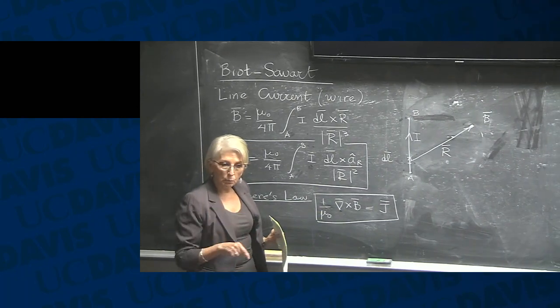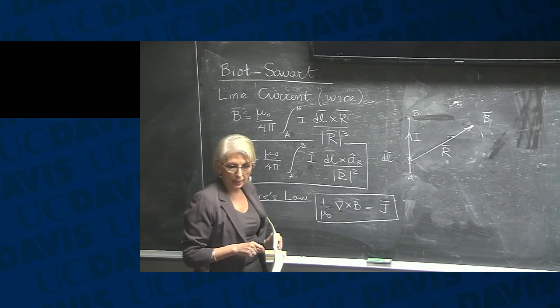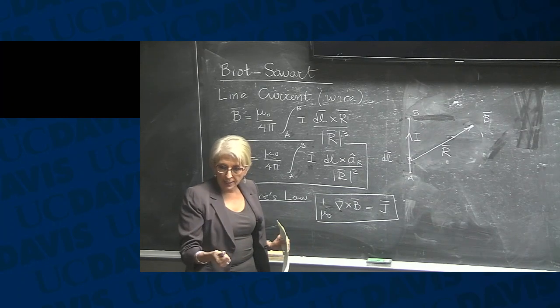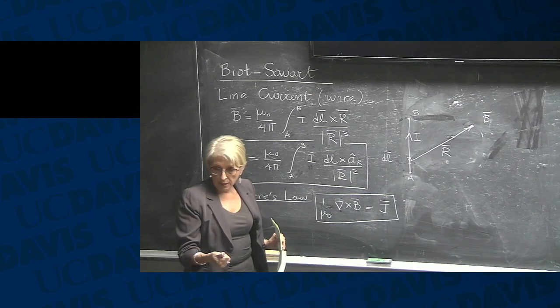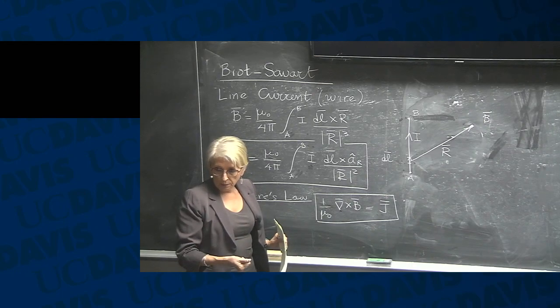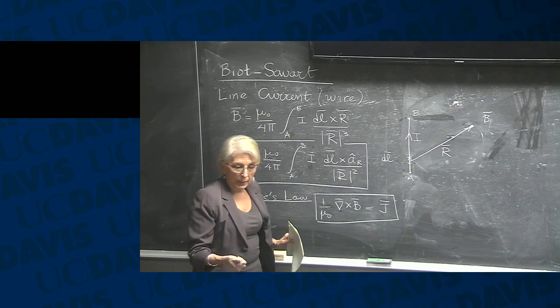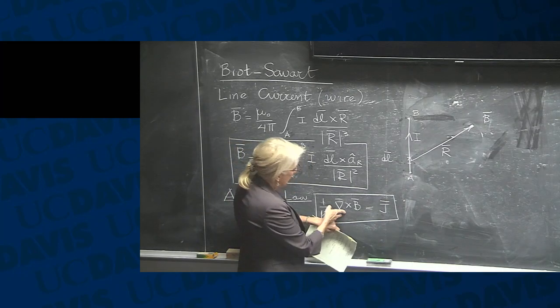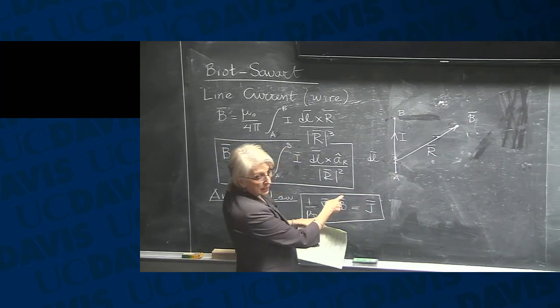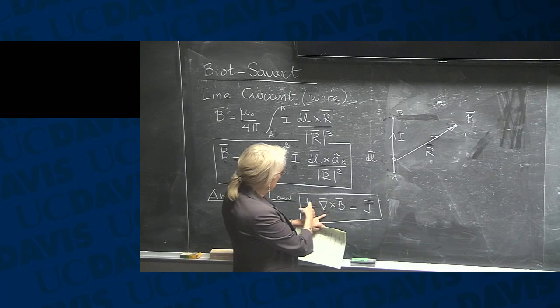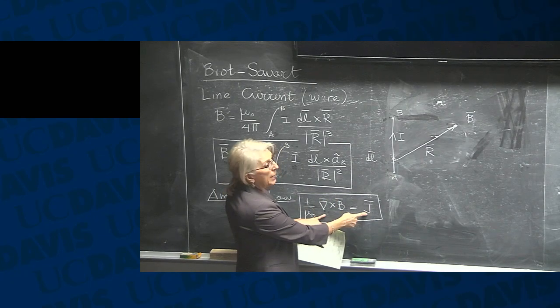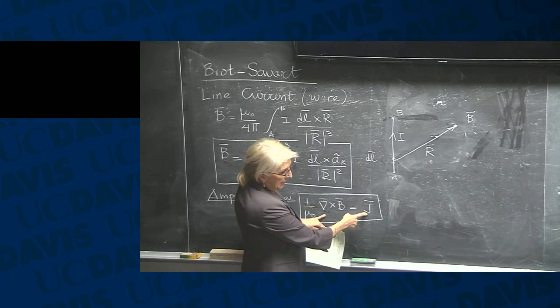You remember when we spoke about Stokes Theorem once? We spoke about the divergence theorem, all right? And then we spoke about Stokes Theorem. So what Stokes Theorem does is it tells us if we take this and integrate over a surface, so this is a current density.